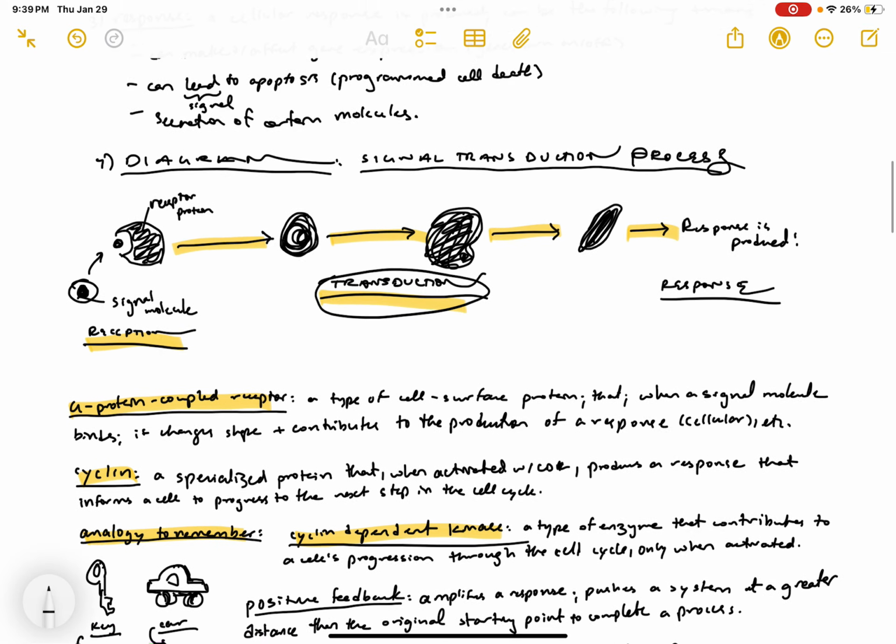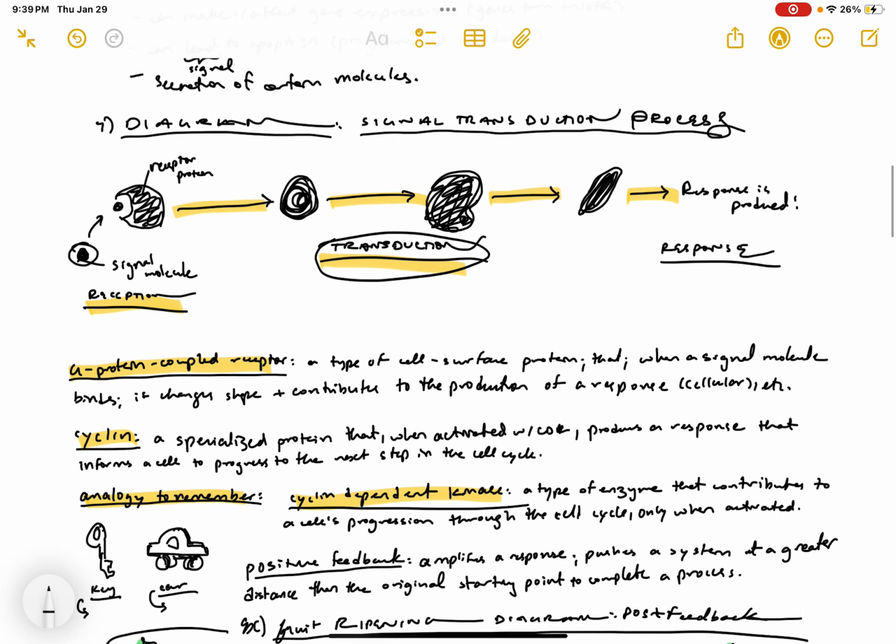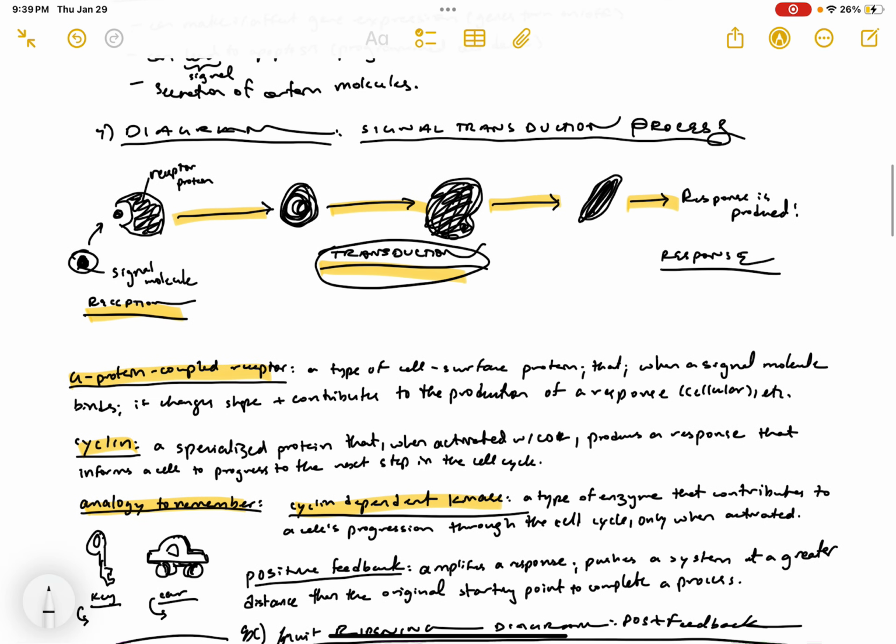So here's an easy analogy to remember the relationship between cyclin and CDK and their role in the cellular signal transduction process. Here we have a key and a car. Let's imagine the key as cyclin, and the car as CDK, or cyclin-dependent kinase.